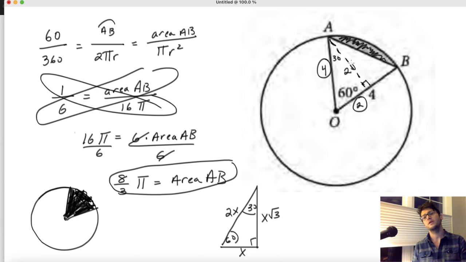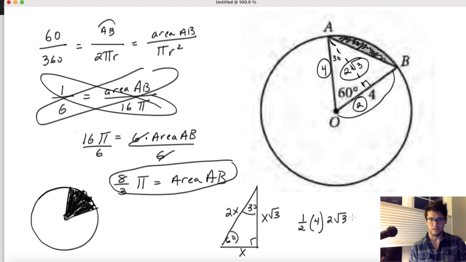Well, because the area of a triangle is 1/2 base times height. The base of this triangle is 4. Half of that base is 2. The area of the whole triangle would be half of our base of 4, so that's 2, times our height, 2 root 3, and that works out to 4 root 3.